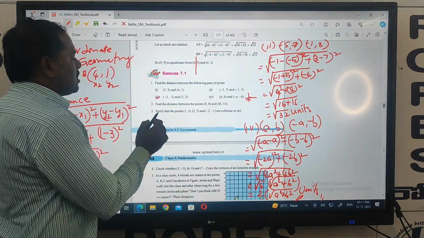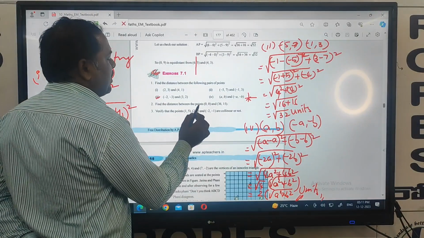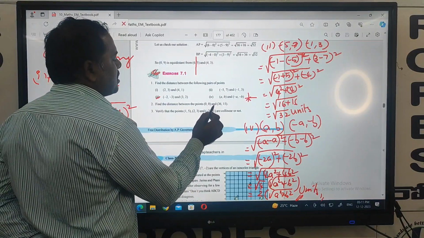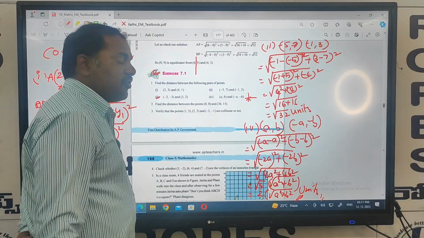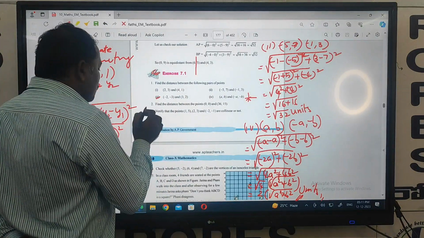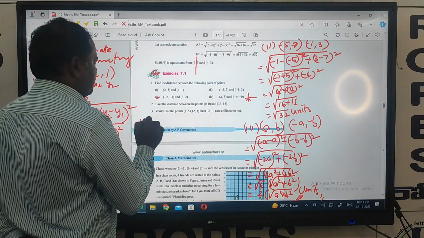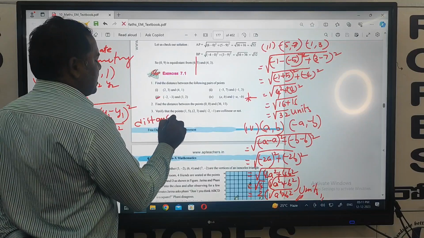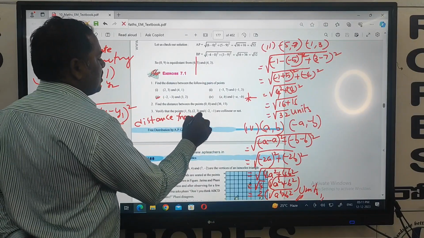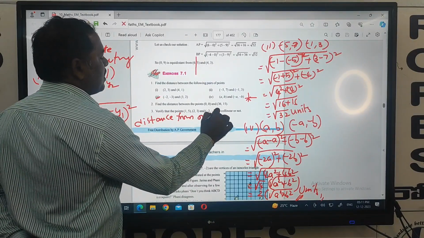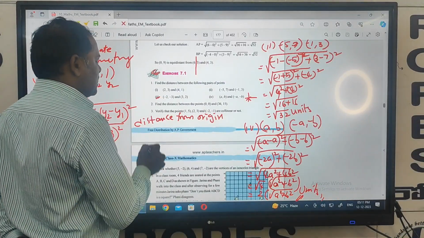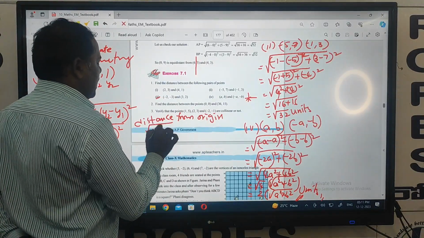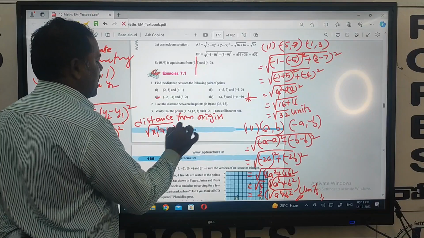Next, the distance between the points (0, 0) and (36, 15). Here we learned the distance from the origin: the square root of x1 square plus y1 square.